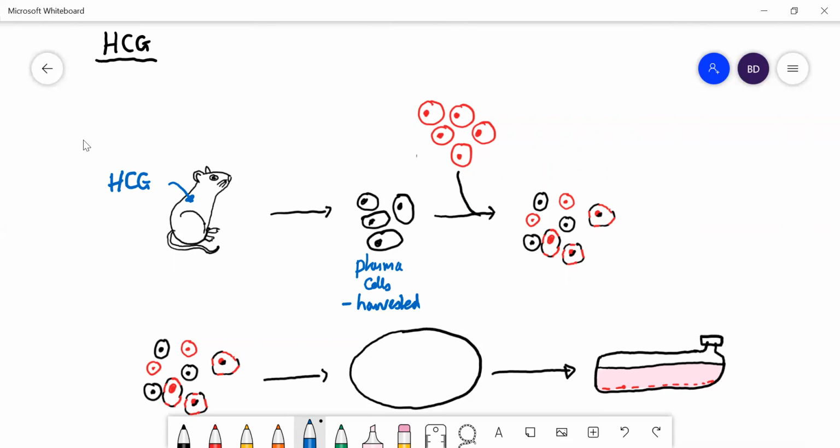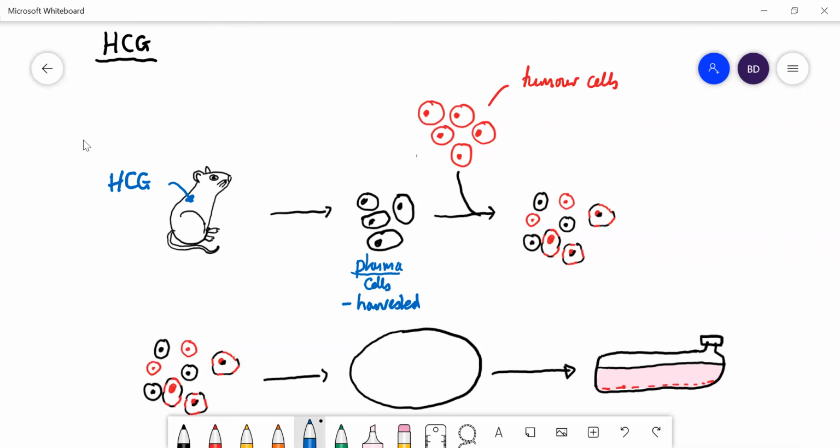and they're mixed up with some of these red cells I've drawn here. Now these red cells are tumor cells. The reason why they use tumor cells is because tumor cells will carry on dividing and dividing and dividing. Whereas if you just get plasma cells from the mouse's blood, they're not cancerous, so they won't divide.